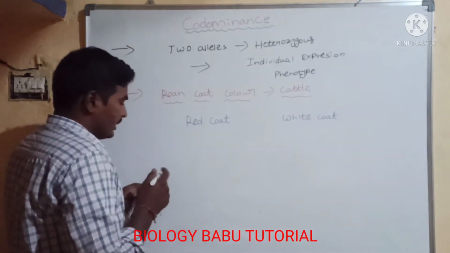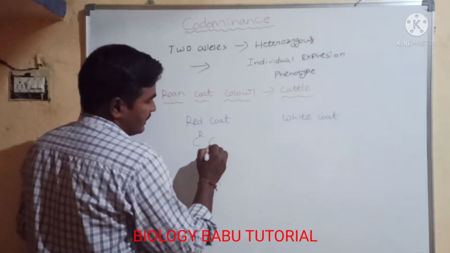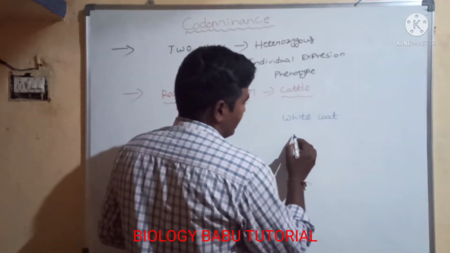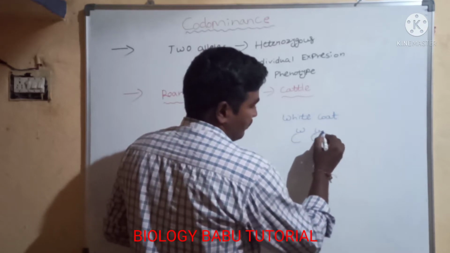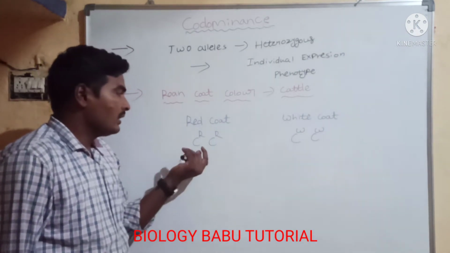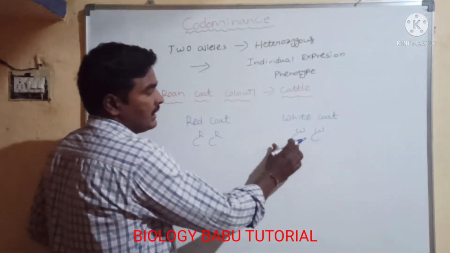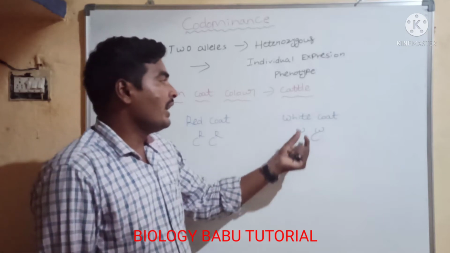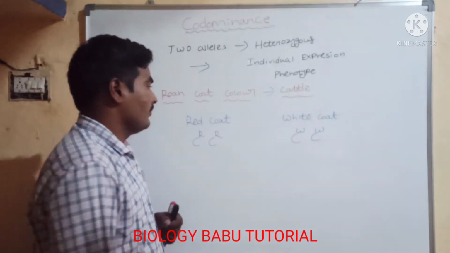So what about the genotype? The red coat has genotype CR CR, and the white coat has genotype CW CW. During gamete formation, the white coat releases CW and the red coat releases CR.